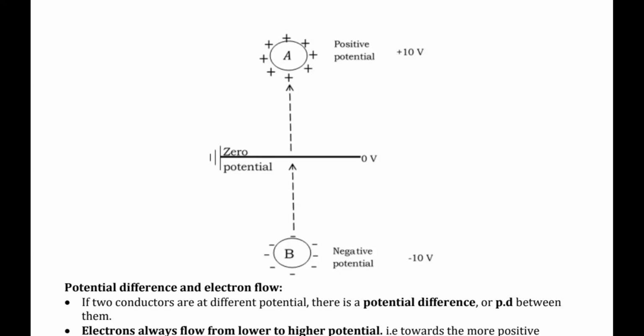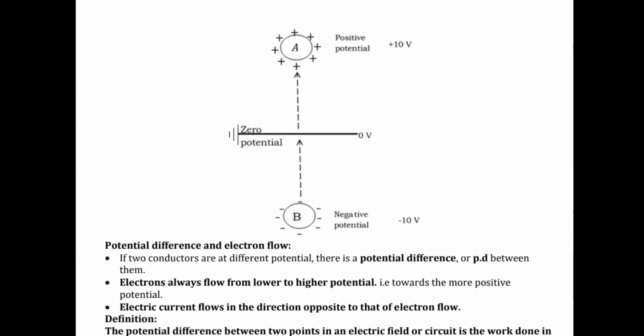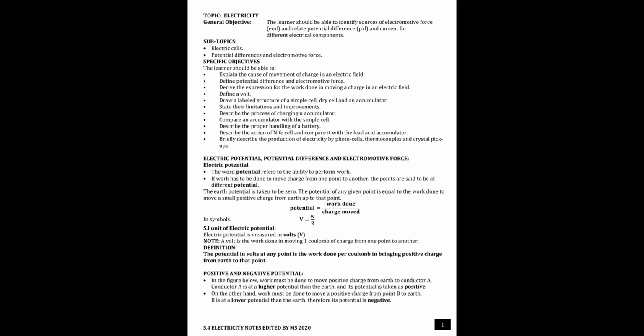But if you have to get a charge from the positive and bring it to a negative side, then that is where the doing of work comes from, because you have to overcome a certain force and you have to move a distance. Then that's where we say work done, because there is a force that we have to overcome and there is also a distance that we have to cover.